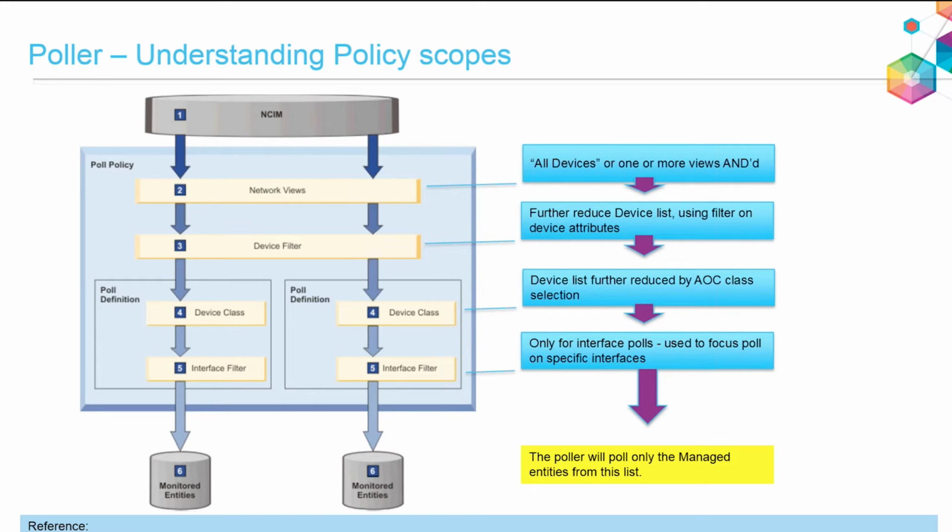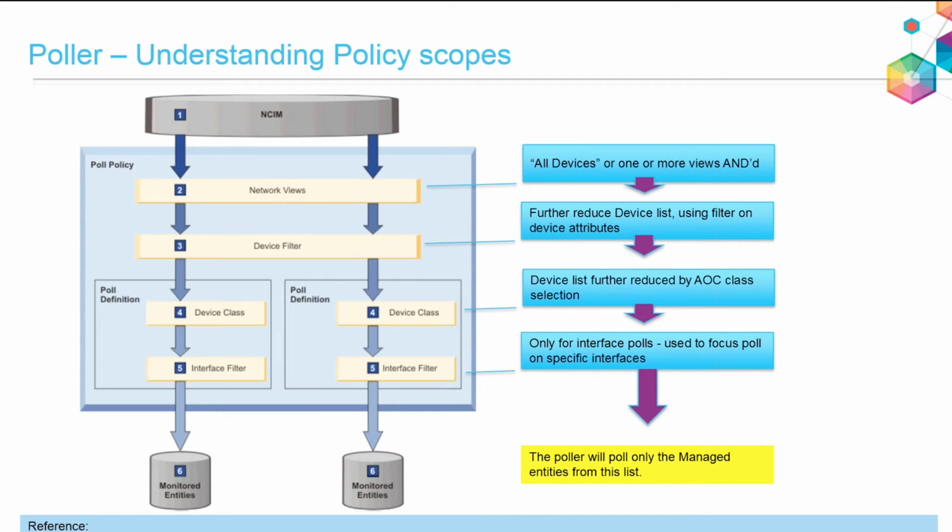The devices first fall through the filter of network views. You might have set that to all devices, but if you set it to a view, then it's filtered to only the devices that are members of that view, and all those views are ANDed together. Then it falls through to the device filter, which further reduces the devices that have made it through the network views. So if you're only using the device filter, make sure your network view is set to all devices.